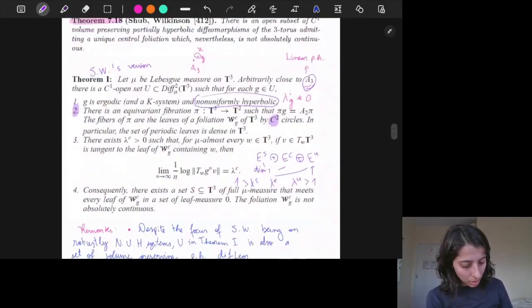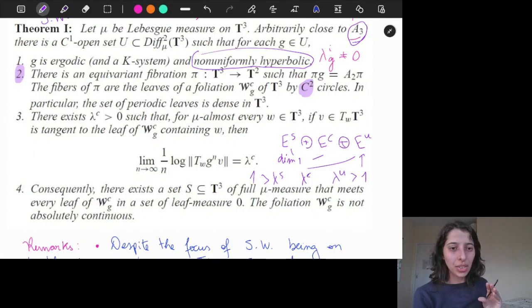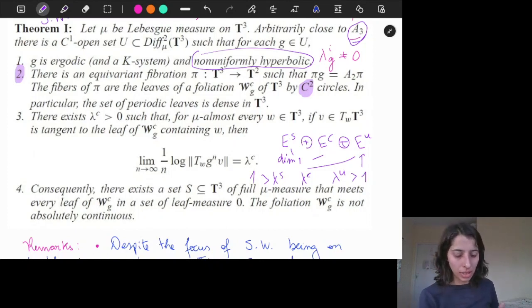So getting back to the statement. This center Lyapunov exponent, the intermediate rate of exponential growth, will be positive in this theorem here. So a direction in which we didn't have exponential growth, now we have exponential growth of vectors on the tangent space.